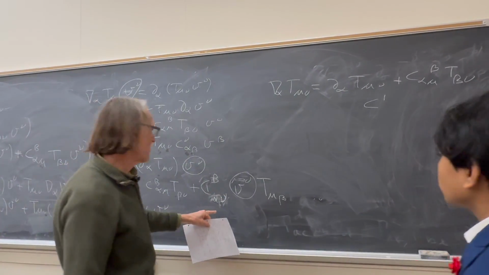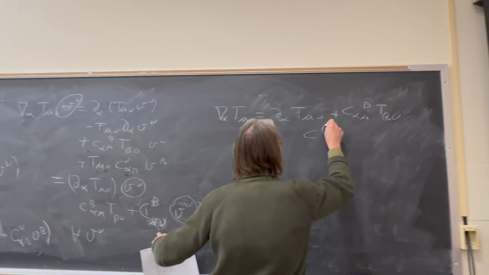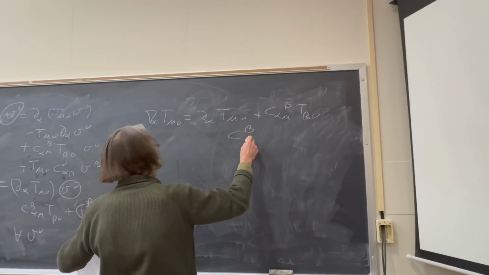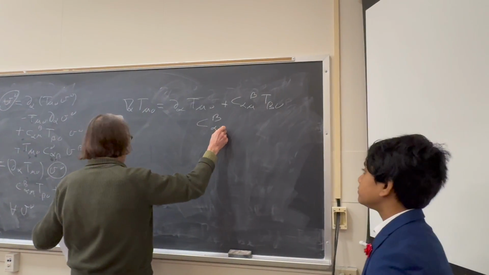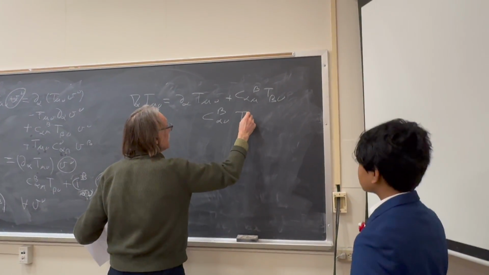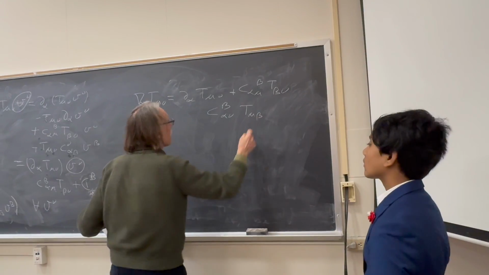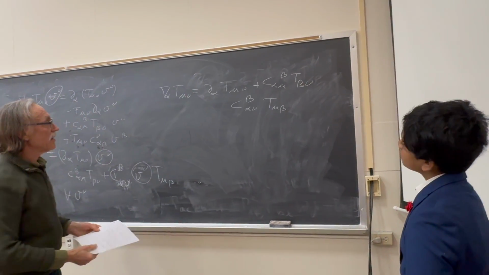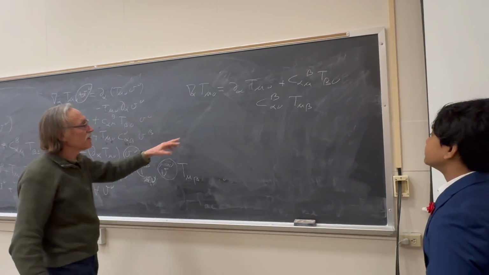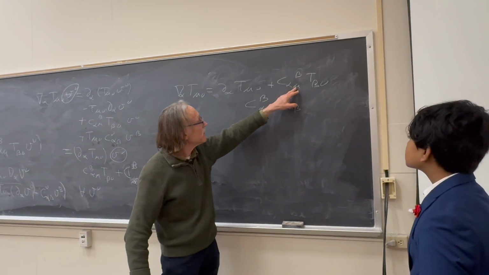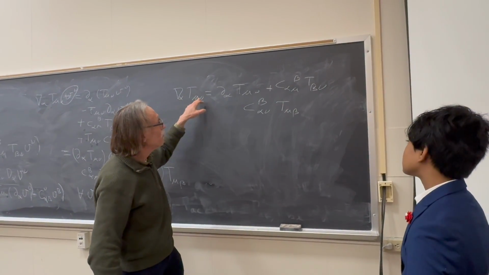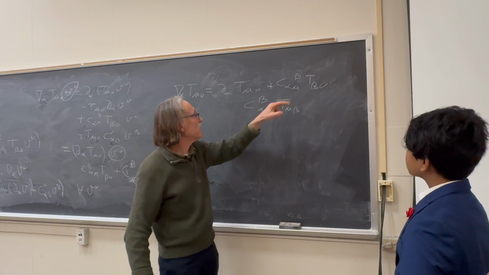Okay, so what do we get here? C beta alpha nu times T mu beta. And if you look at it, this is the same as a vector, so the mu now becomes a beta with this symbol.